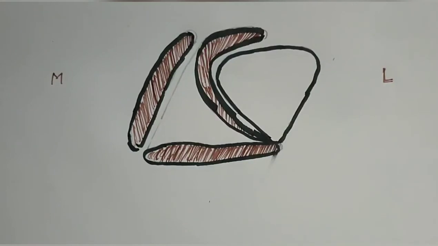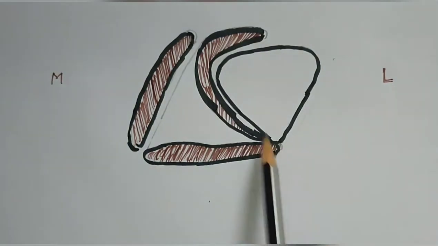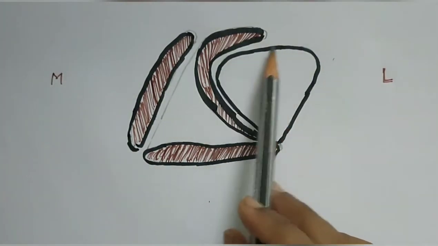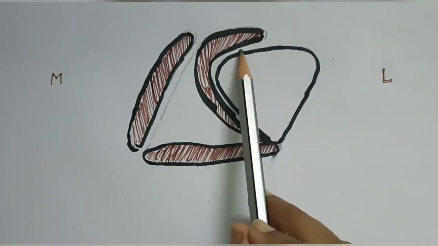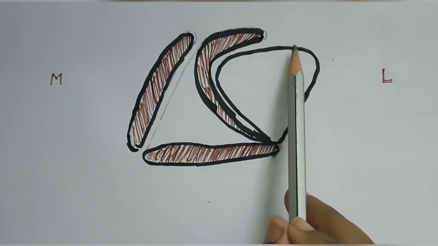Next is the shape of the adductor canal. This is the femur bone, middle third, which is triangular in shape. This is the anterior surface.